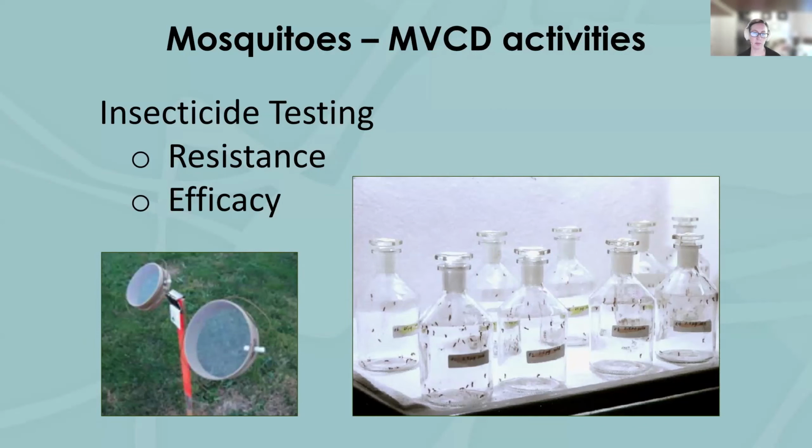So one important thing that vector control agencies do is to monitor and check and take measures to prevent that from occurring. Efficacy evaluation involves putting out sentinel mosquitoes in a treated area to verify that the treatment is working as expected. So small cages of mosquitoes, and then we look for mortality after the treatment.